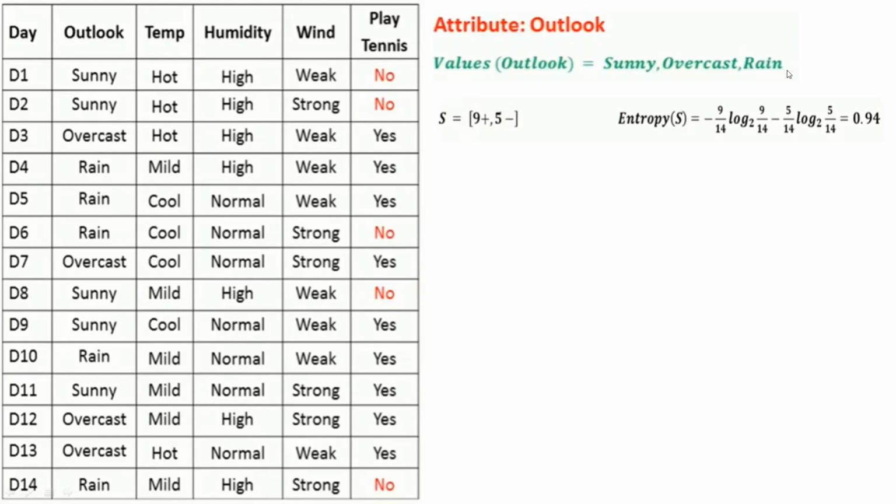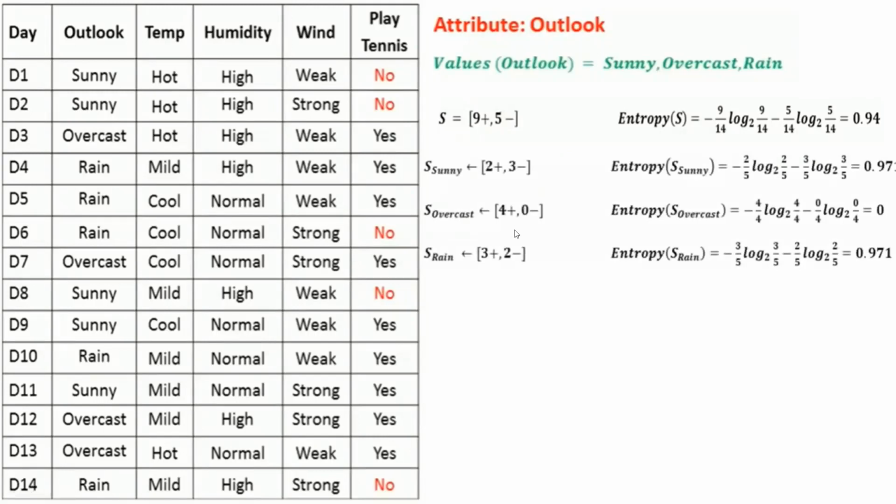Sunny, overcast, rainy. For these three values, you need to calculate entropy individually. For sunny, if you consider the sunny values, 5 out of 14 are sunny, out of which 2 are positive and 3 are negative.